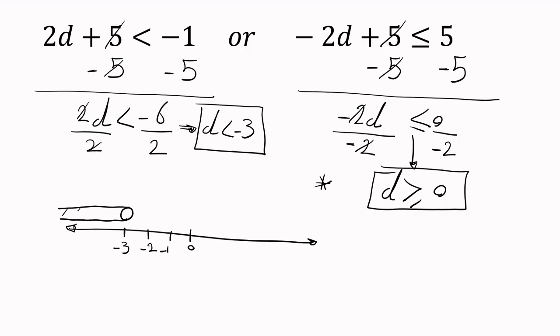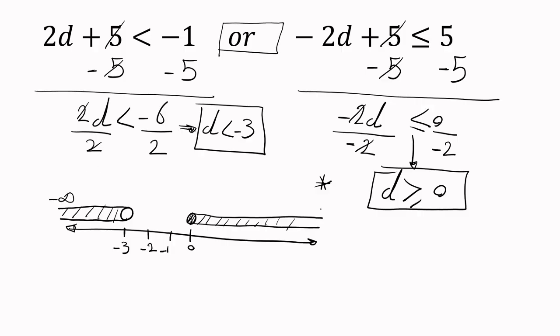It would be something like this. And the second range says d must be greater than or equal to 0. I have equal, so I must fill this. It would be something like this, right? And I have or, so I must use the union.